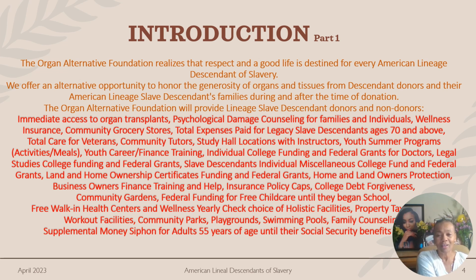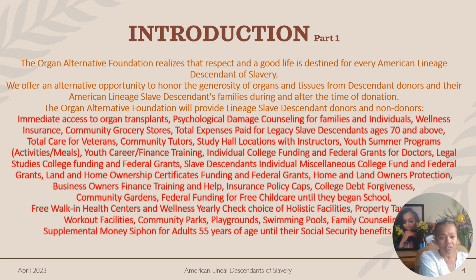Okay, so this is what the Organ Foundation will be able to do for slave descendants that donate their organs, and slave descendants that don't donate their organs, but they're just slave descendants.